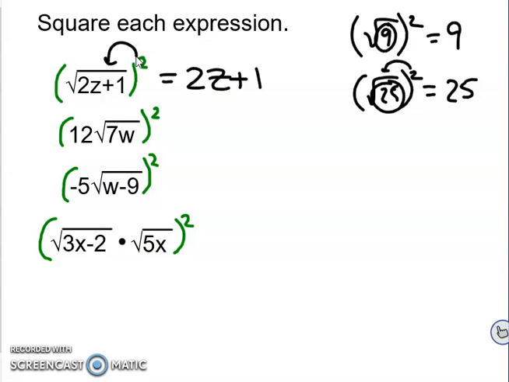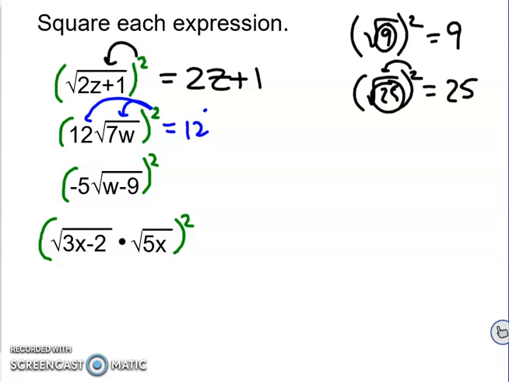In the second problem, we're squaring 2 things. We're squaring the square root, and we're also squaring the 12. Again, as we're working through these problems, if at any point I say something and it goes, oh yeah, I remember what to do now, stop the video, complete the problem, turn the video back on when you're ready to continue.